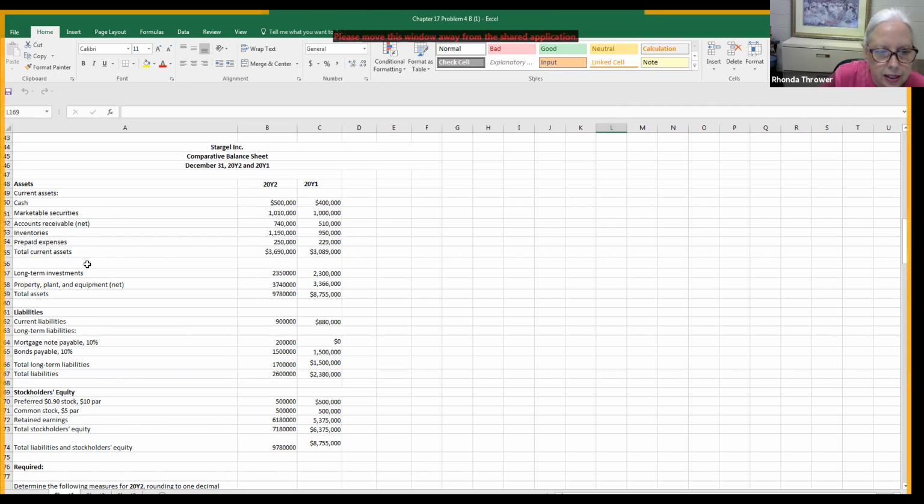The second thing you need to know about is what your current liabilities are. In this case, they've given you one group of current liabilities of 900,000 for this particular problem.